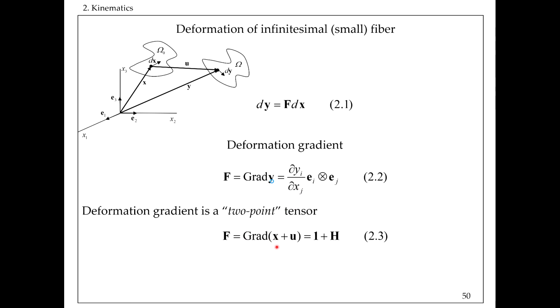So the result will be the identity tensor here. The first will produce the identity tensor, and the second one will be the gradient of u. And this we denote with h. Some literature does follow that, and we call it the displacement gradient, right? So this is basically grad u, and the structure is again the same.